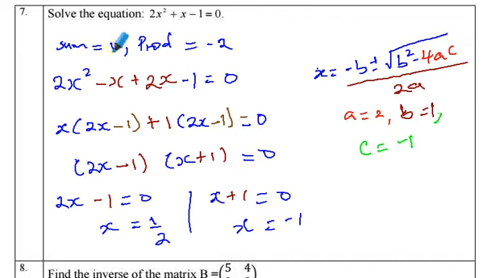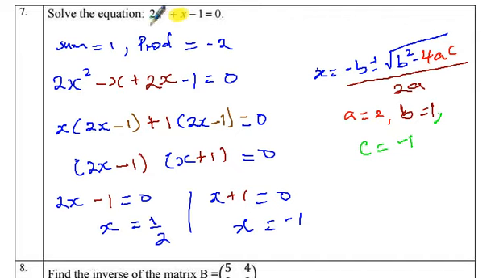First of all, I identify the sum in this given equation, and the sum is the coefficient of this middle term here, the x, and we can see that the coefficient of this x is 1. That's why we don't have the number written. So it is 1x, so its coefficient is 1, and that gives us the sum. Having gotten the sum, then we need to get the product.